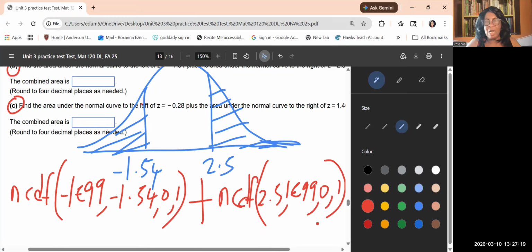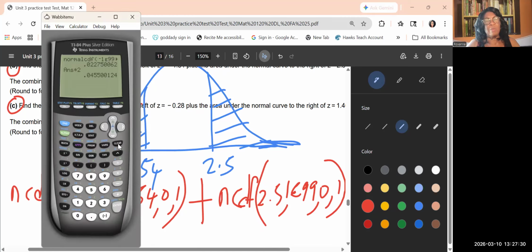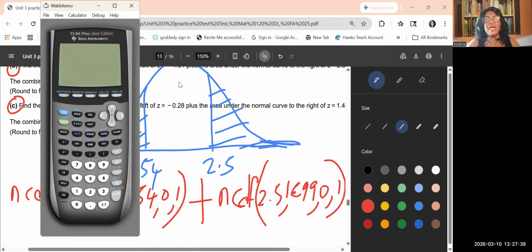You're going to watch how I put them in my calculator. Remember, in this class, you are allowed to use your calculator to solve the problems, provided you have the speed and accuracy, provided that you know how to do it with a calculator. So being able to solve the problems with your calculator is one of the things we are testing. You should be able to solve the problems with your TI-84 graphing calculator with speed and accuracy.